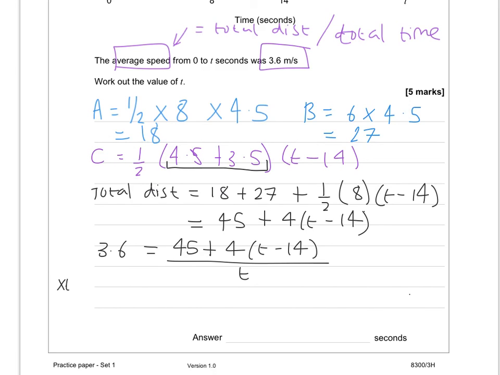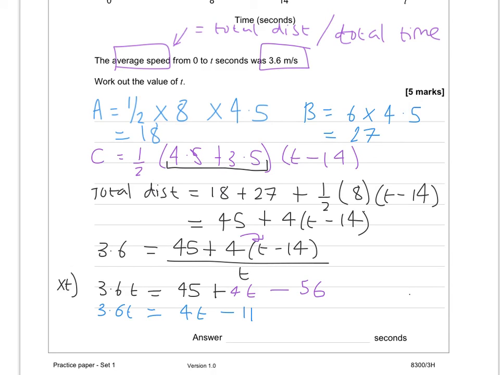Multiply both sides by t, and we have 3.6t equals 45 plus, and we're going to expand these brackets in the numerator, 4t take away 56. Simplifying a little further, 3.6t is equal to 4t take away 11.